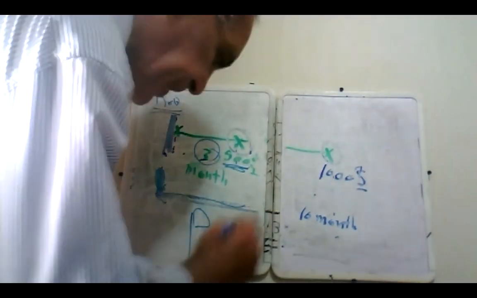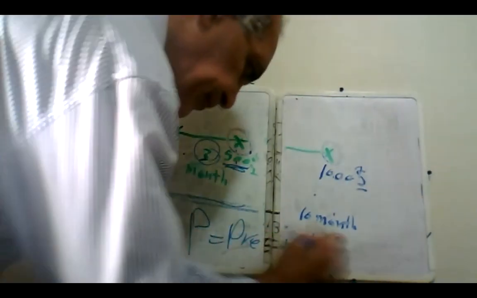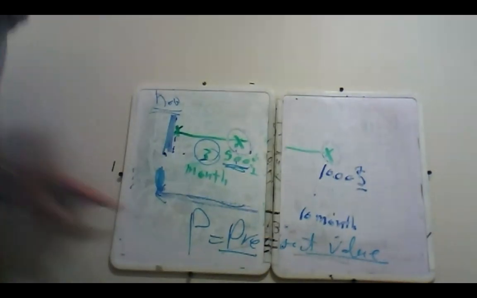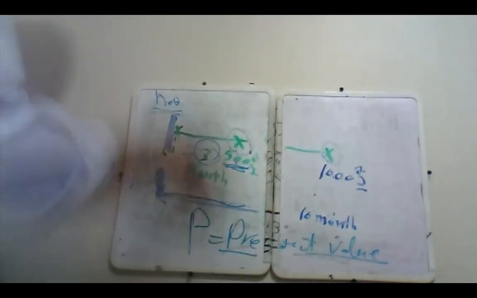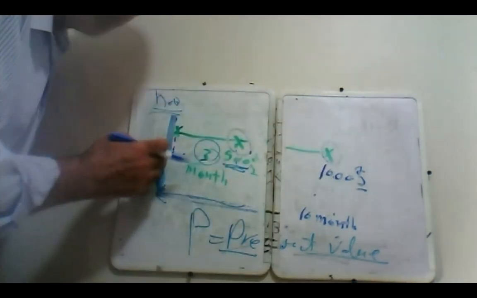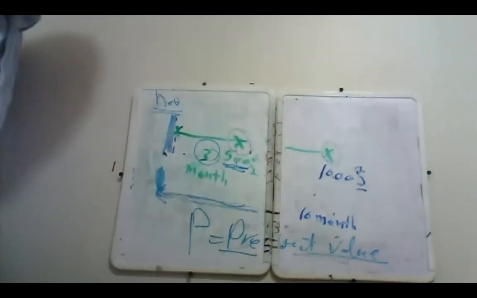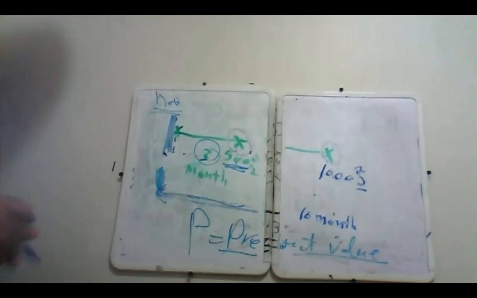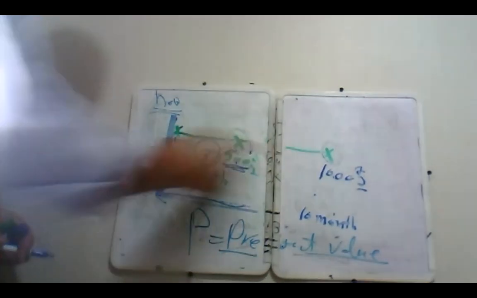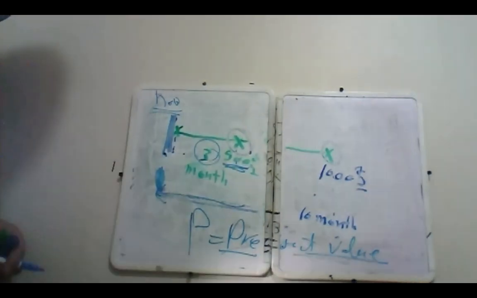I will look for the P, where P stands for present value, because the maturity dates are after the focal date. The situation is different when the focal date comes in between two amounts or three amounts or four amounts or whatever.